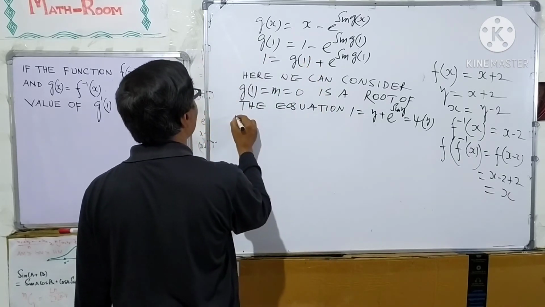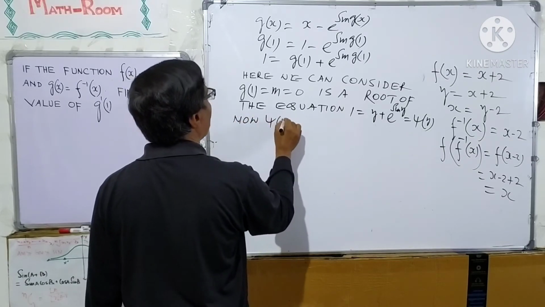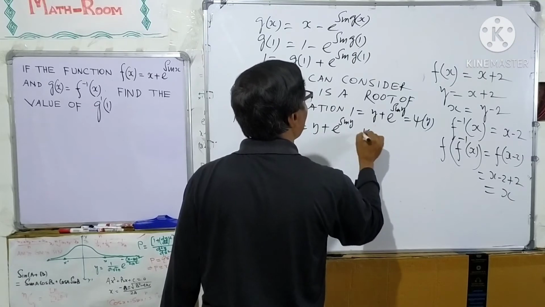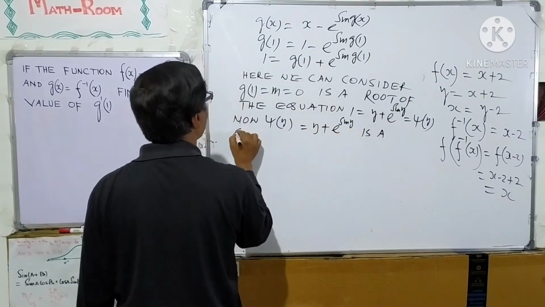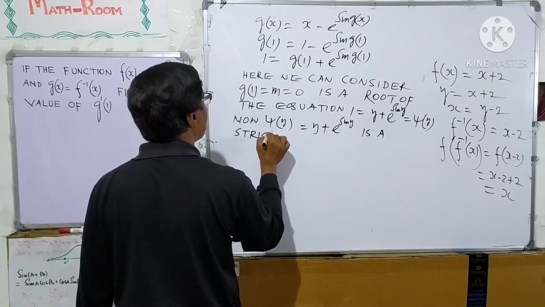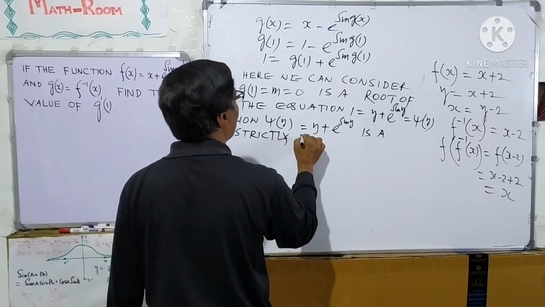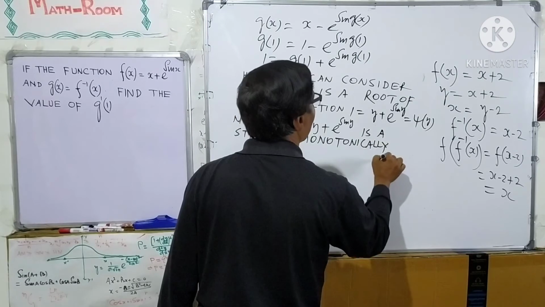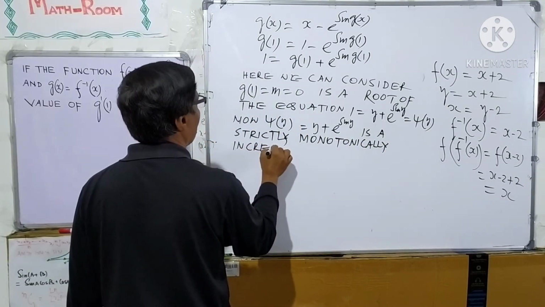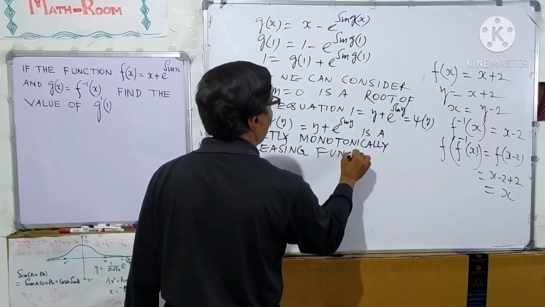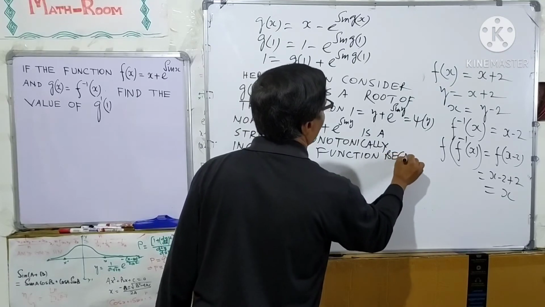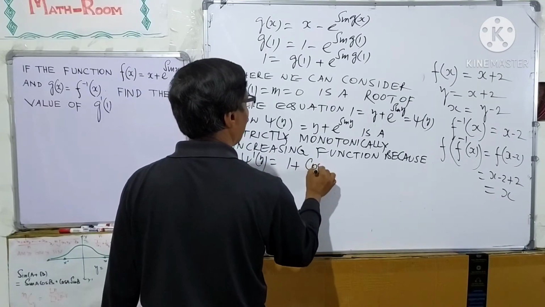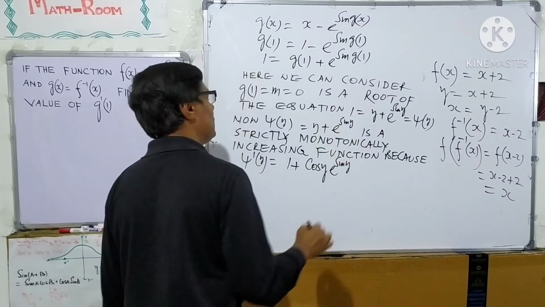Now psi y equal to y plus e to the power sin y is a strictly monotonically increasing function, because psi dot y equals 1 plus cos y e to the power sin y, which is always greater than 0.